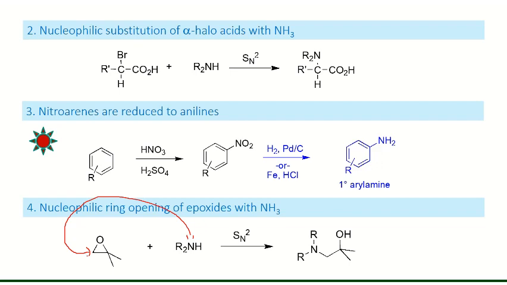So bimolecular attack at the least substituted carbon, and then of course you get the alkoxide intermediate. Once this strained ring is open, you can then quench that alkoxide, and therefore you end up with this beautiful hydroxyamine.